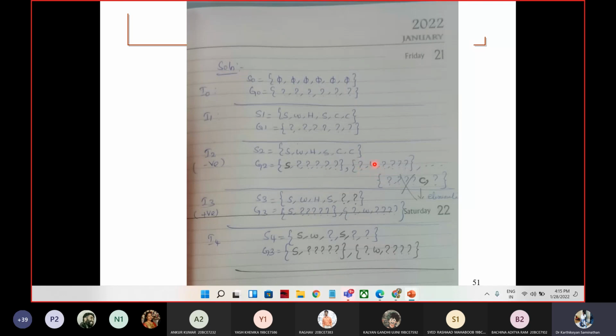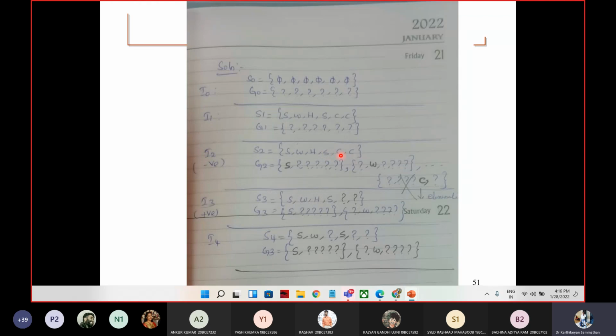These two are contradictory, so I'm making my second specific hypothesis a general one, and the remaining is a question mark. Then the third one is high versus high. Both are equal, so you can leave that. You need not make any individual pairs. Again, strong versus strong is also equal, so you can give a pass.